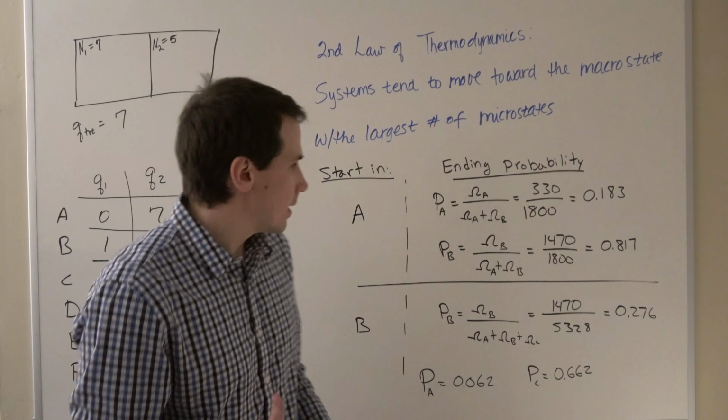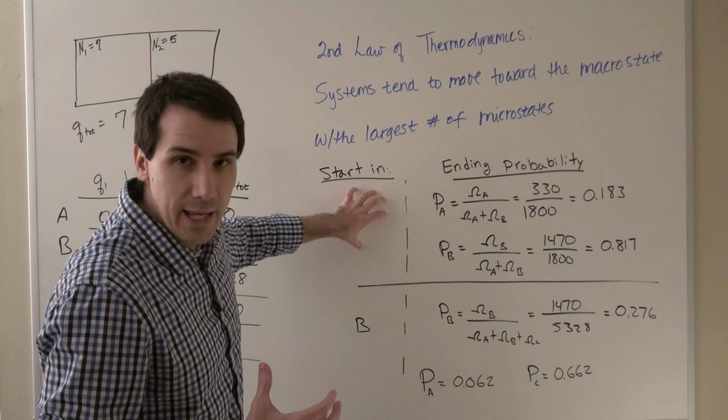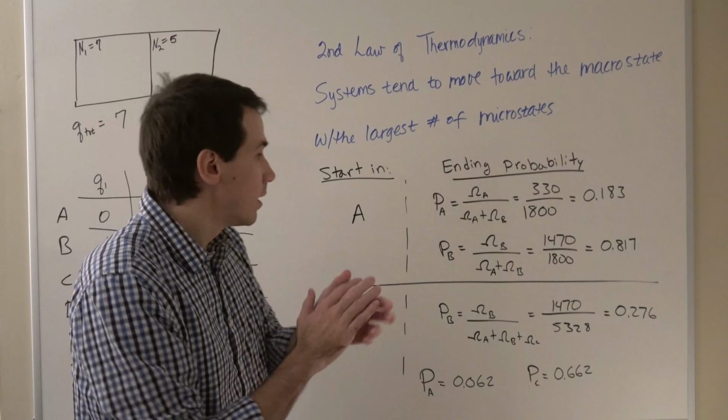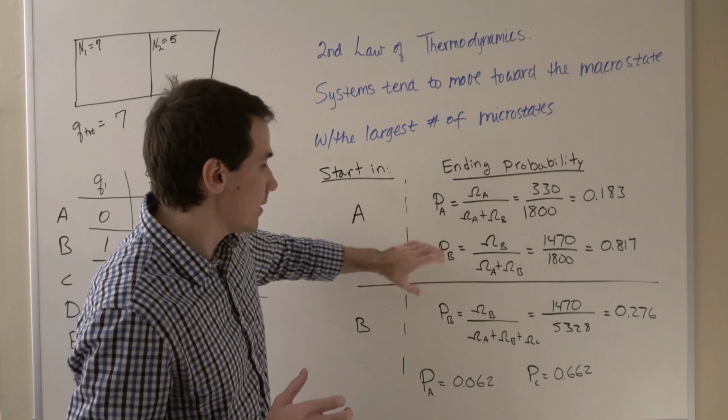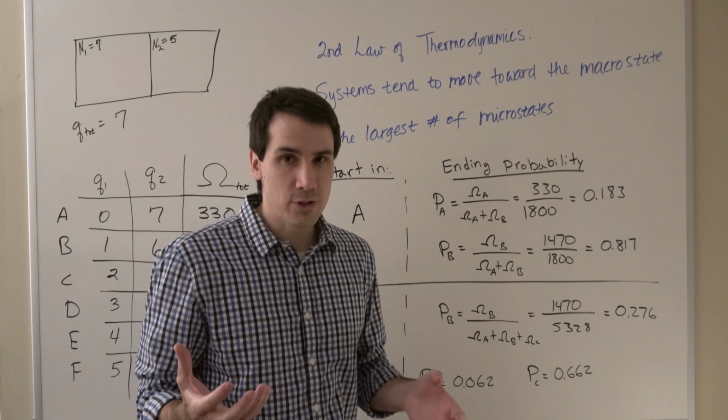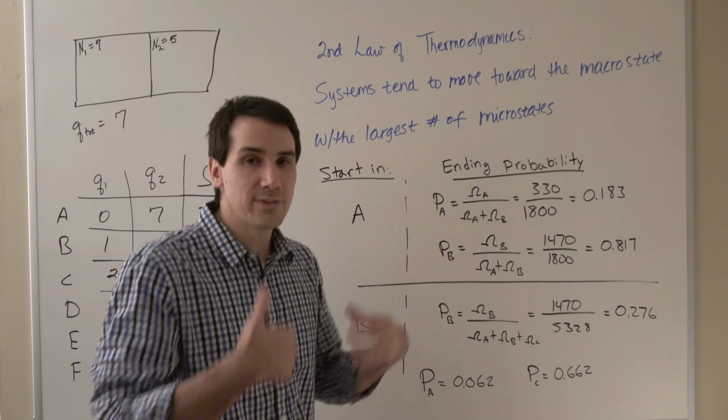So what you can see is that if we start in state A and we allow some energy to be exchanged, right, we take a step, that we are very likely to end up in state B. And if we don't end up there on the first try, we end up back in state A, well, then we have to take another step.